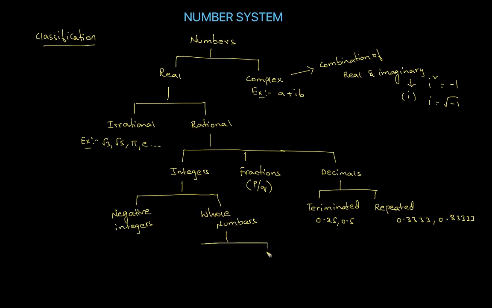Again, whole numbers are further divided into 0 and natural numbers. What are the natural numbers? 1, 2, 3, 4, and so on, right? This is the number chart, guys, also called the classification of the numbers.